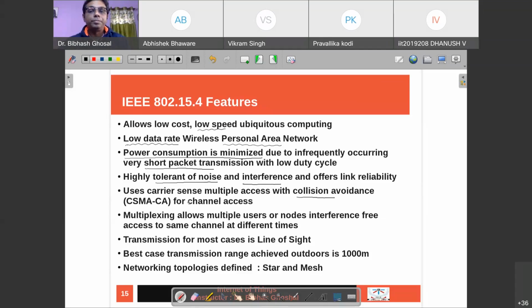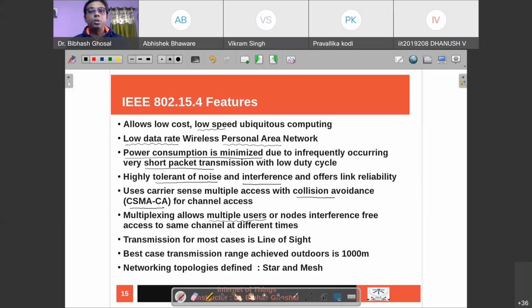When everyone is using the same channel, whether wired or wireless, there can be a possibility of collision, but it allows collision avoidance. So all seems to be good for this, and it allows multiplexing, so it allows multiple users to be there. So many nodes can be connected.